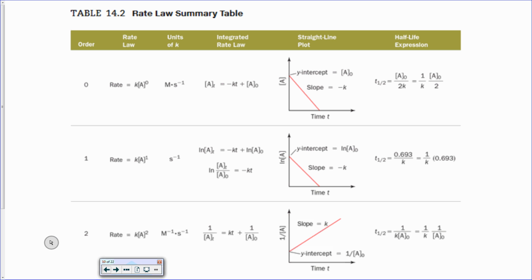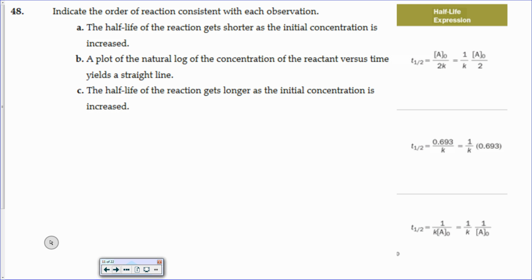This table 14.2 in the book is the summation of all the stuff with the integrated rate laws. So it gives you the rate expressions, the units expected for K, and the integrated rate laws, what you would plot, and it gives you the half-life expression. So I just copied those half-life expressions because that's what applies to part A of the problem.